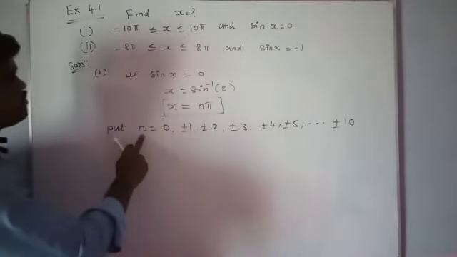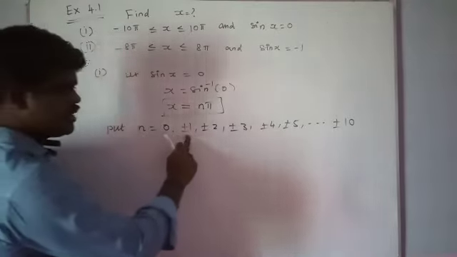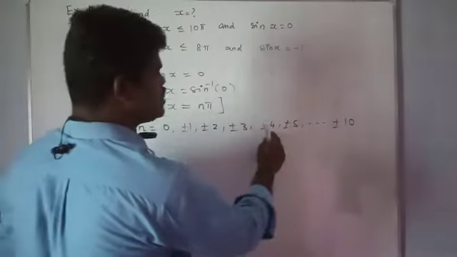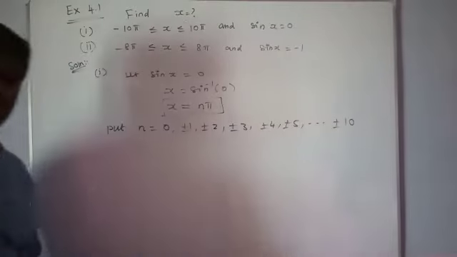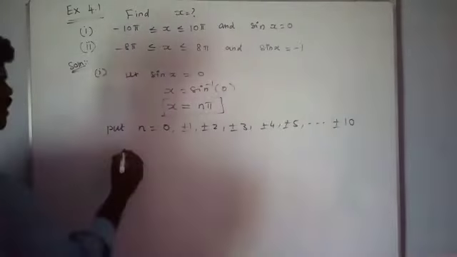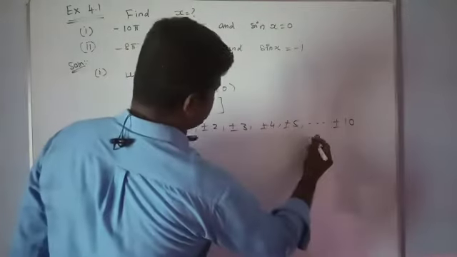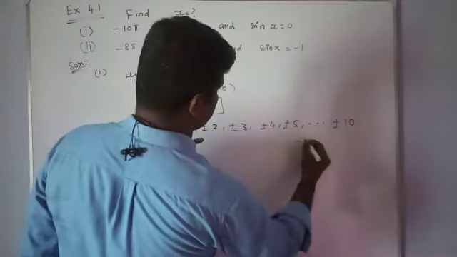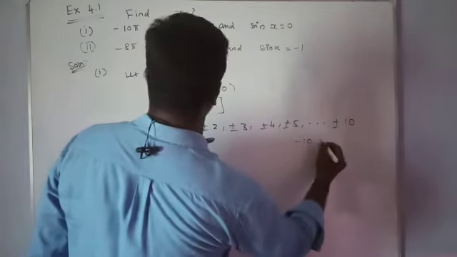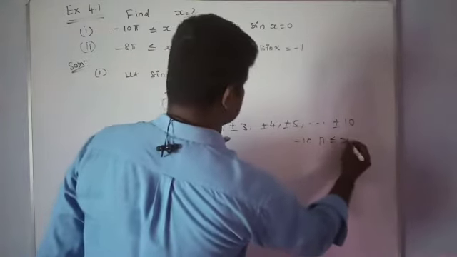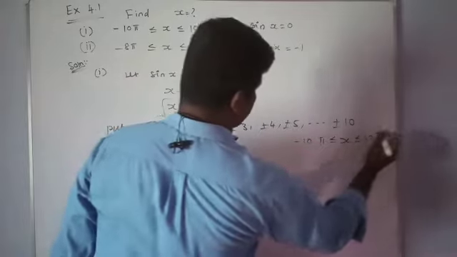Therefore, the solution of x is 0, plus or minus 1, plus or minus 2, plus or minus 3, plus or minus 4, plus or minus 5, and so on, up to plus or minus 10, times pi, lying between minus 10 pi less than or equal to x less than or equal to 10 pi.